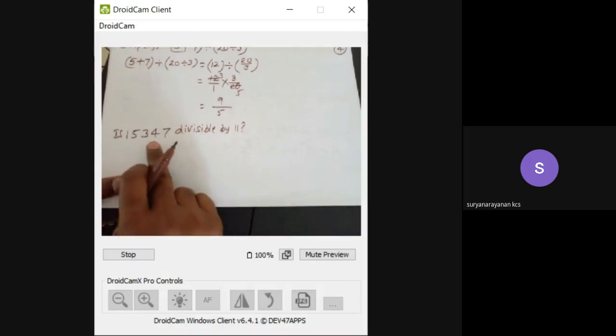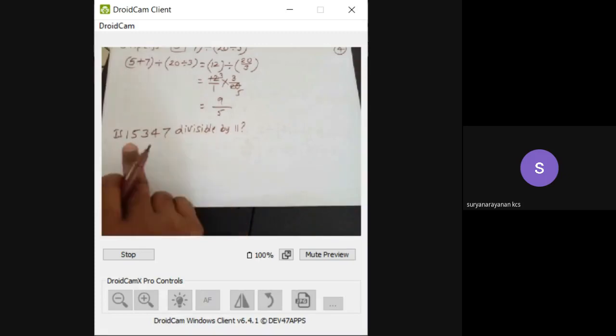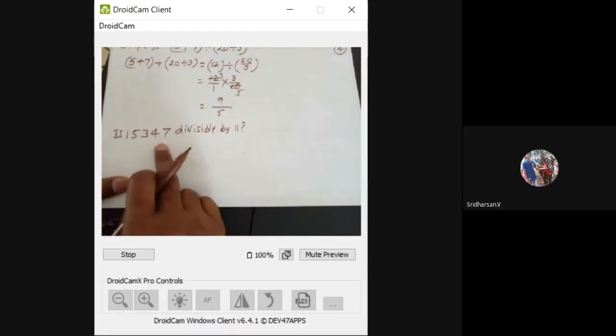She asked this question, divisibility rules, divisibility by 11. How can we check whether a number is divisible by 11 or not? Here I am explaining this question. No, sir.